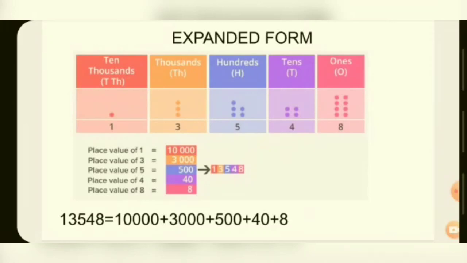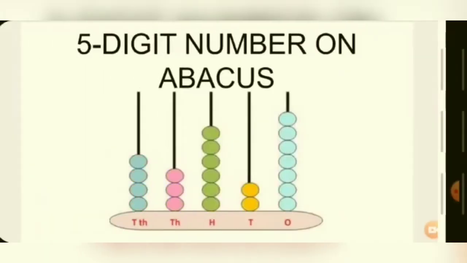The number 3 comes under thousands, so it is written as 3,000. 5 comes under hundreds place, so it is 500. 4 comes under tens place, so it is 40. And 8 comes under ones place, so it is 8. So the number 13,548 can be expanded as 10,000 plus 3,000 plus 500 plus 40 plus 8.